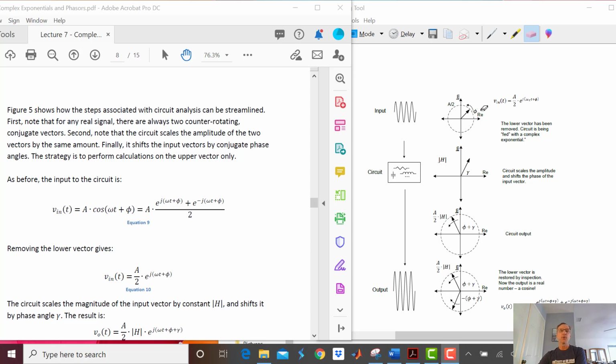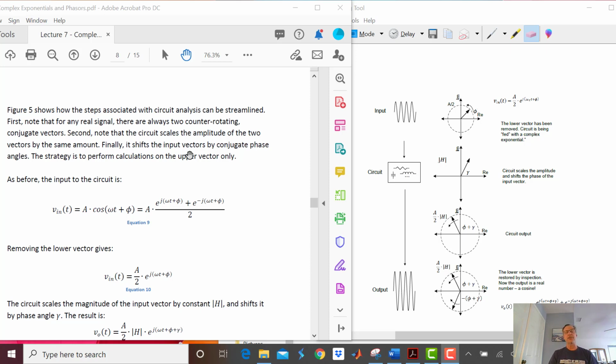First, we notice that for any real signal, and all the signals we deal with are real, there are always two counter-rotating conjugate vectors, meaning you always have a vector going this way, and there's another one going this way. And second, we note that the circuit scales the amplitude of the two vectors by the same amount, and it shifts the input vectors by conjugate phase angles.